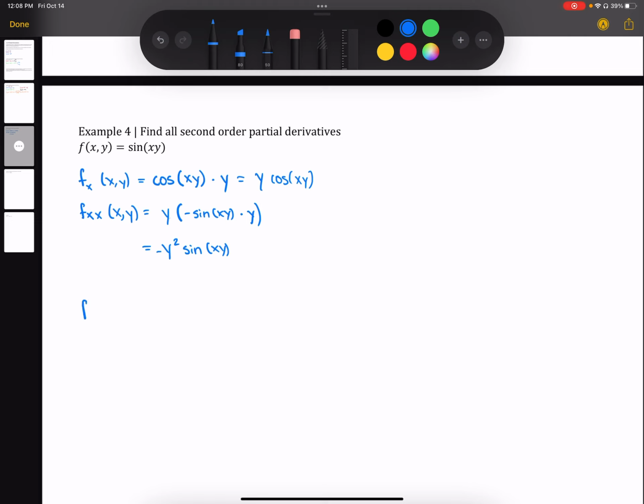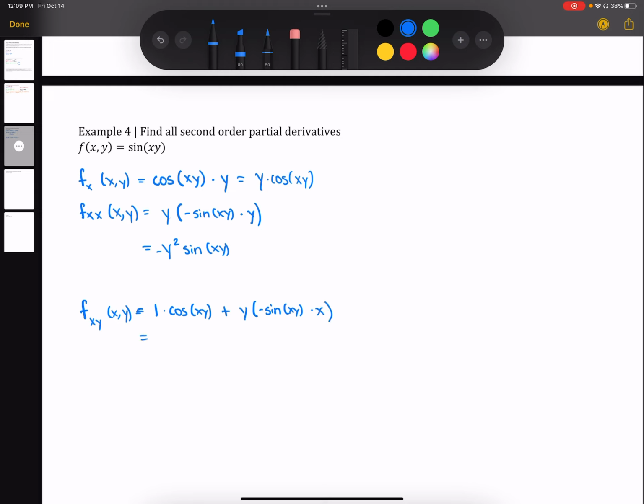So if we find our mixed derivative, fxy of xy, now we have to do the product rule because we have y times another function that contains a y. So the derivative of y is 1. We multiply that by cosine xy plus y times the derivative of cosine xy, which is negative sine xy times the derivative of xy with respect to y, which means that we multiply by x.